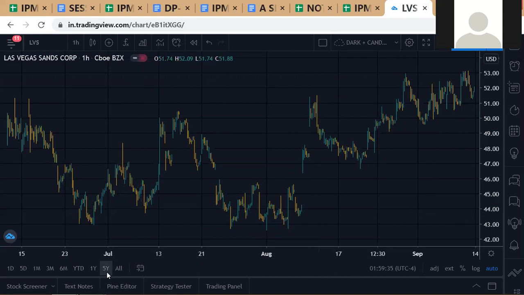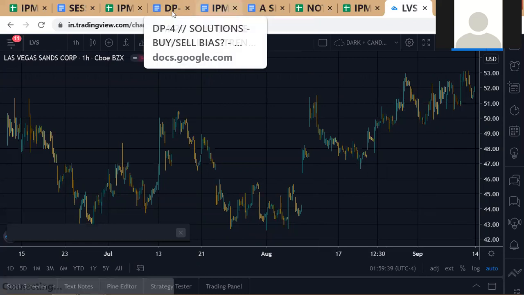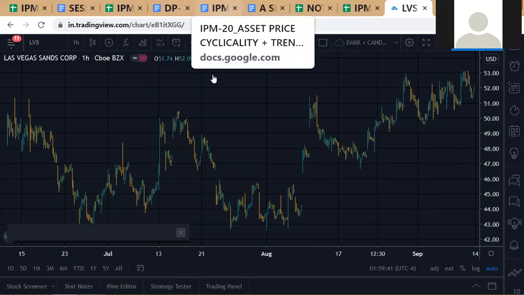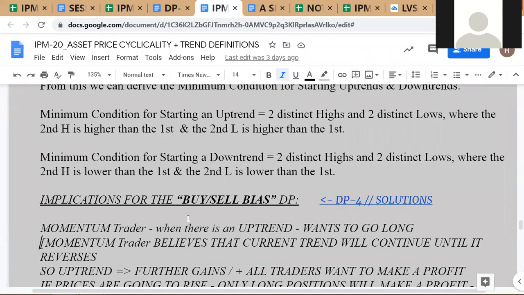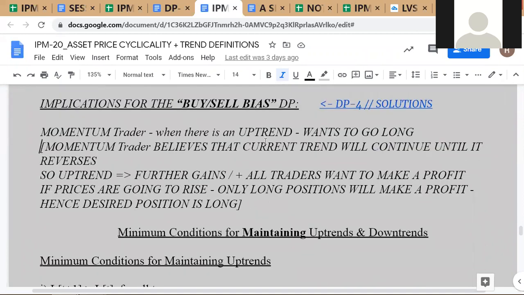And then you have the question of minimum conditions. 2 distinct highs, 2 distinct lows here, all these things. And so we discussed the implications for buy sell. As soon as there's an uptrend, the momentum trader will want to go long.